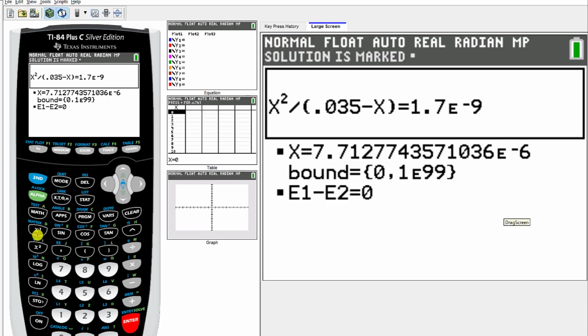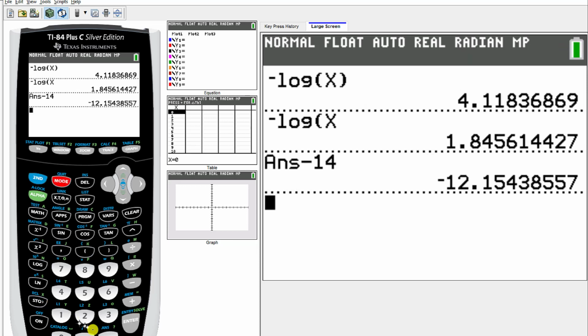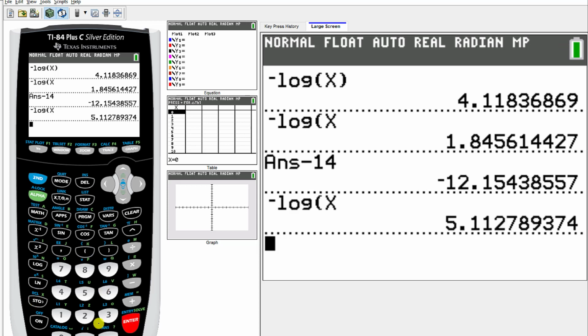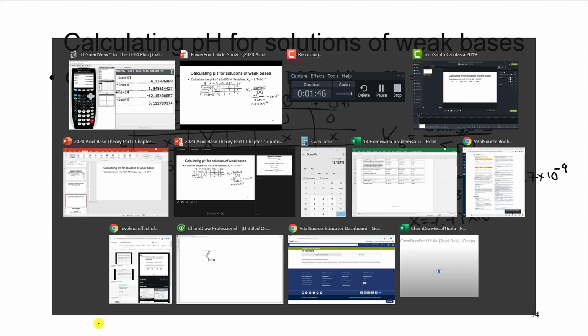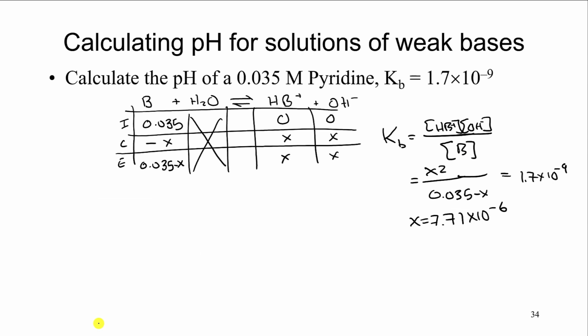So we'll go negative log of x. Hit enter, and it's 5.11. So pOH is equal to negative log of the x value, because that's representing the OH. So that's 5.11.